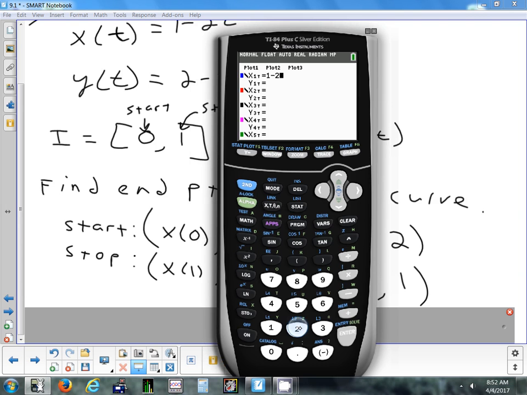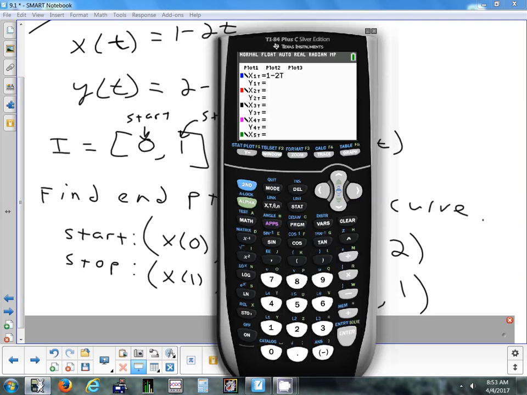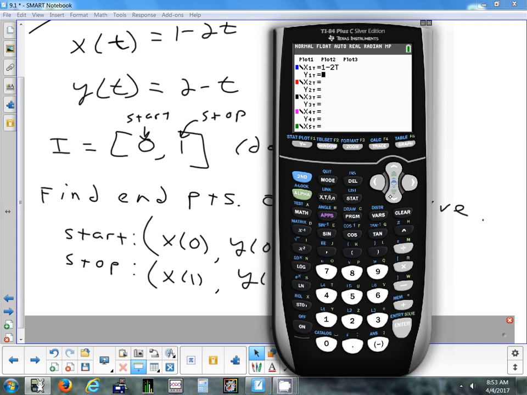Now when you press it, t is going to come up, because you're in parametric. So I typed in 1 minus 2t, and then 2 minus t. So that's the first thing we need to set up.